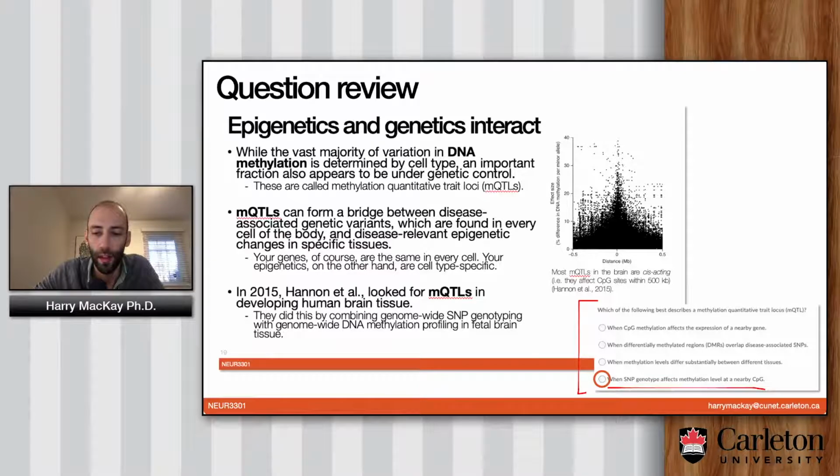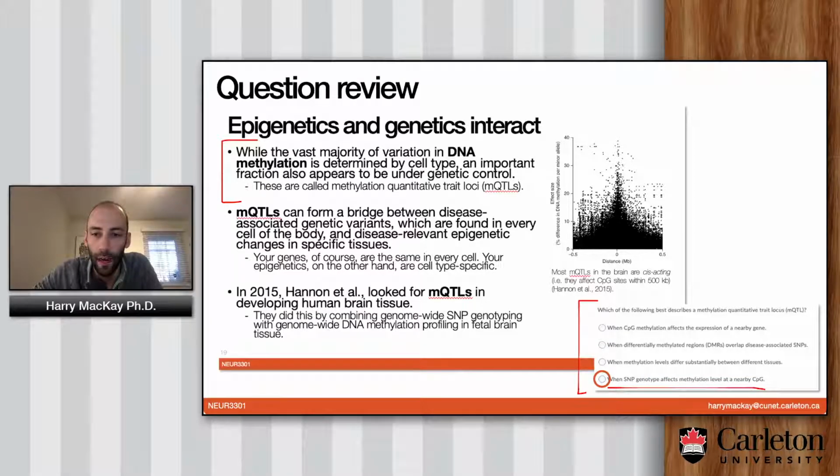But the area where you could have found the answer to this would have been on this slide from the schizophrenia lecture. And what it tells you is that most of the variation in DNA methylation that you see comes from cell type or tissue type. An important fraction also appears to be under genetic control.